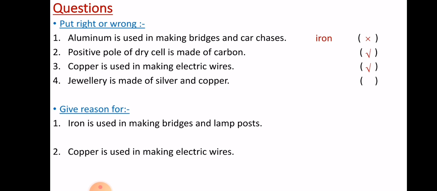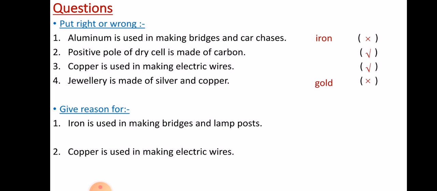The answer is wrong, because we make jewelry from silver and gold, and we use copper for making other things like electric wires and statues, while gold and silver are used for making jewelry. So we will remove copper and put gold.